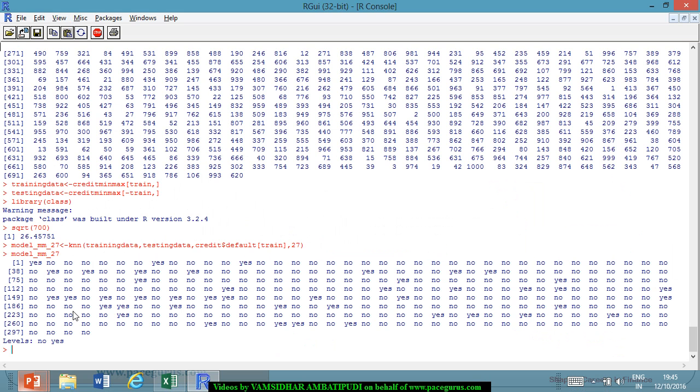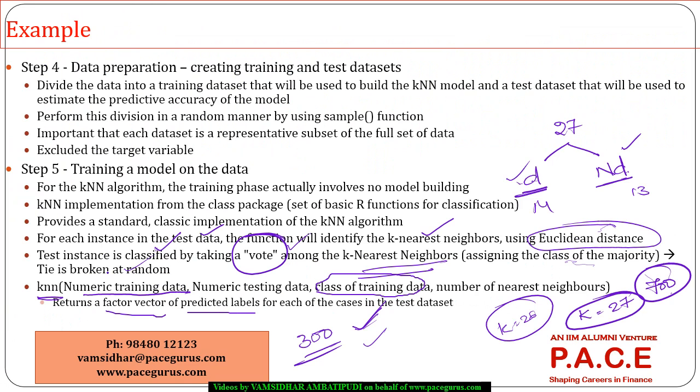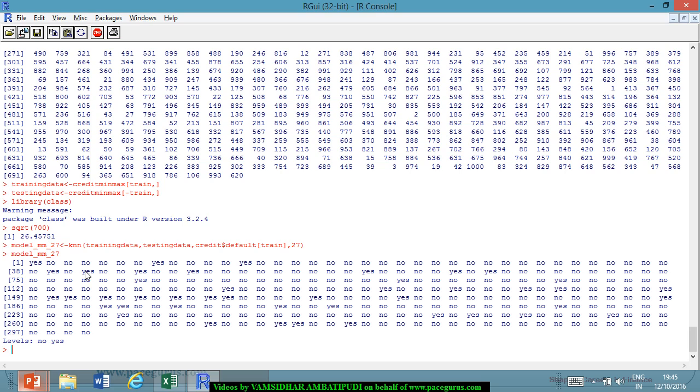For each of the 300 cases in the test data set, it has created the result as either yes or no. So it has done the whole process. Sometimes I could directly type in the model, which will give me these kinds of values.